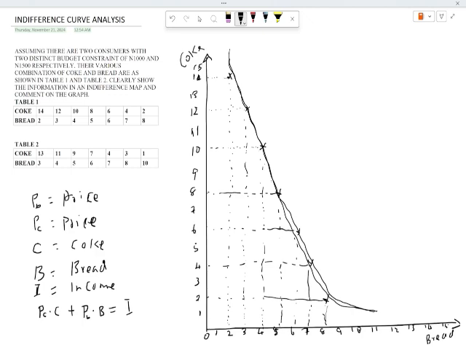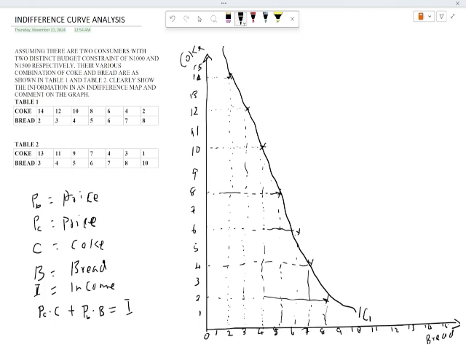So let's say this is the indifference curve for, okay, I think this is a bit okay. This is the indifference curve for consumer 1, that's IC1.